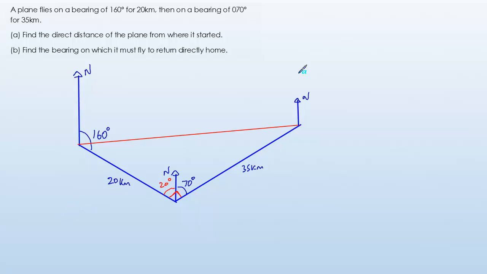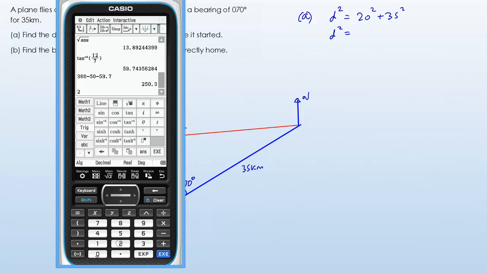So straight away we can go to part A, and we can use Pythagoras' theorem to work out D. D is the hypotenuse, so D squared is going to be 20 squared plus 35 squared. We can calculate that, so that's 20 squared add 35 squared.